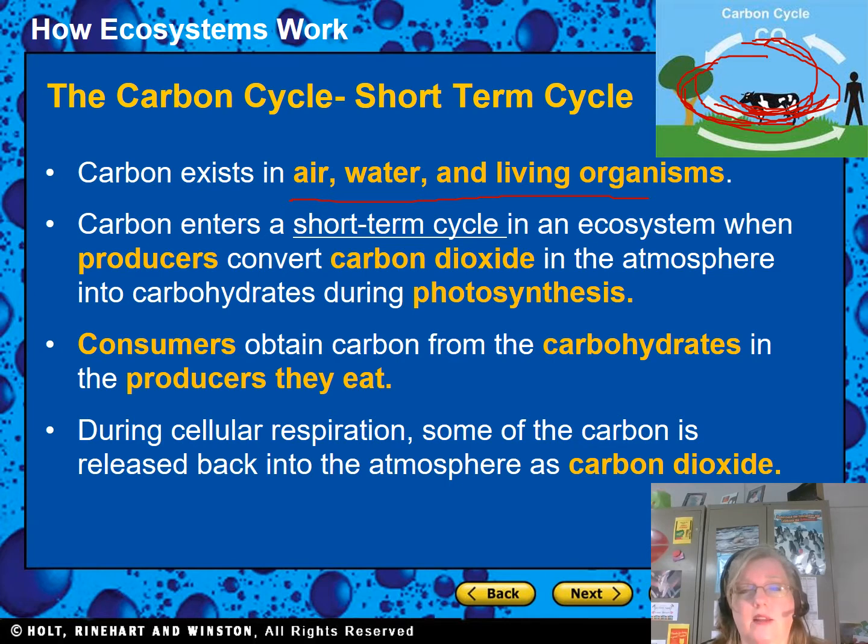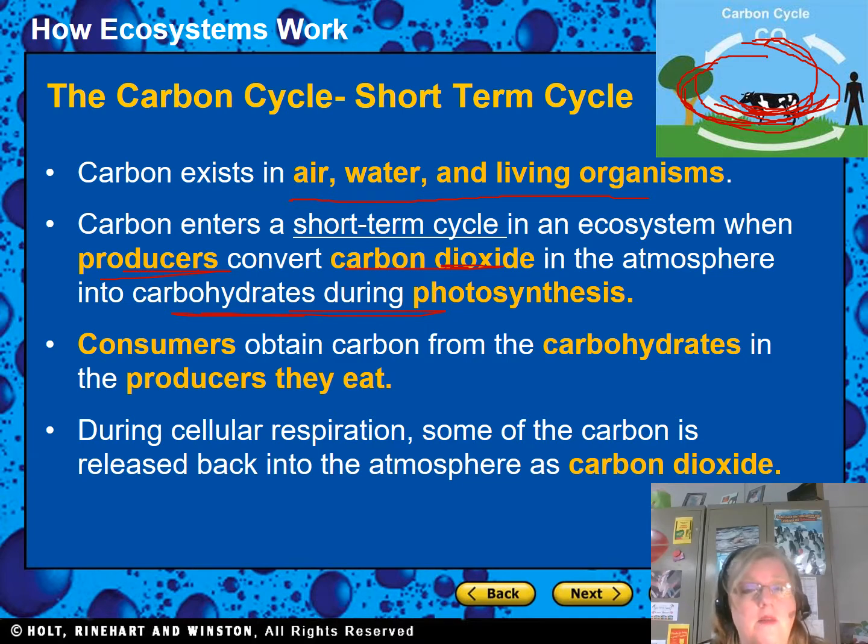The short-term cycle is where the producers, the plants, convert carbon dioxide in the atmosphere into carbohydrates during photosynthesis. Do you remember the formula for glucose? C6H12O6. That C is the carbon.